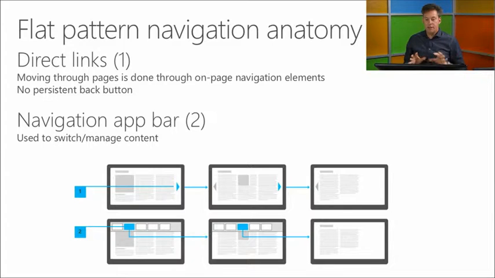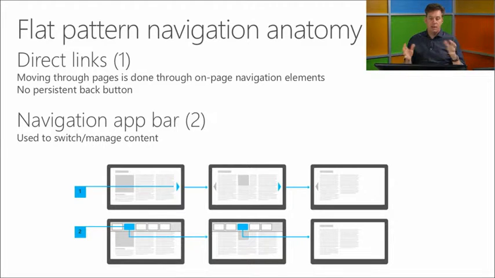So with a flat pattern navigation anatomy, you can have direct links. So just by clicking on something and going to the next article or the next document, and having the navigation bar to switch and manage that content. So add another article or another document or remove it from that stack for the navigation.